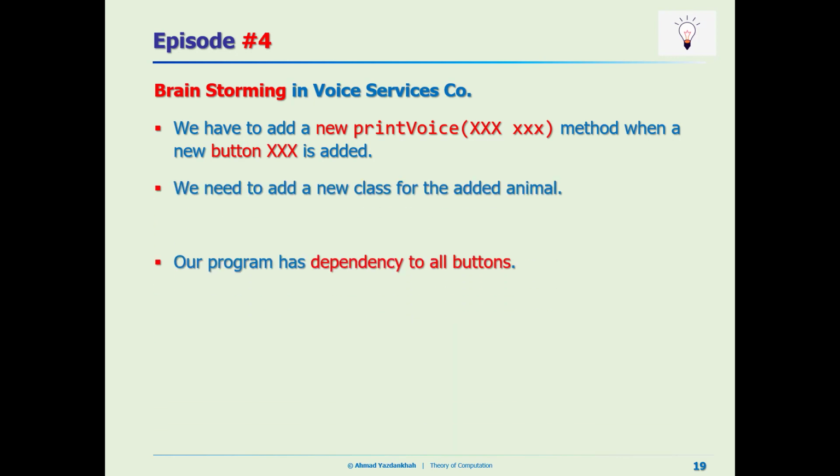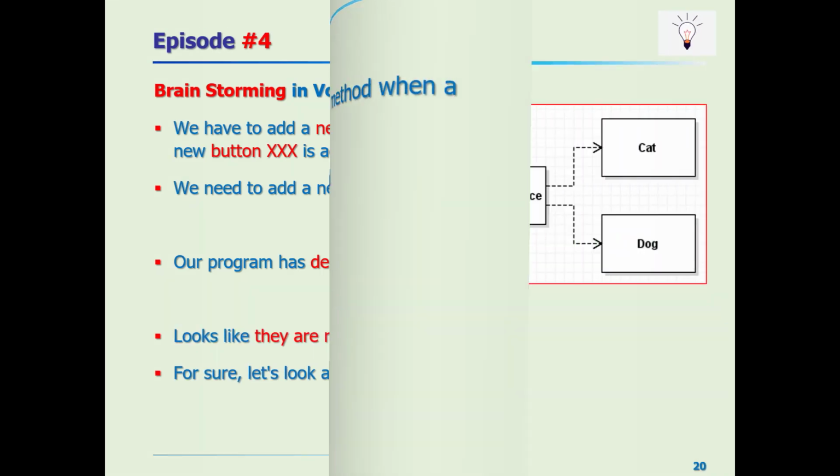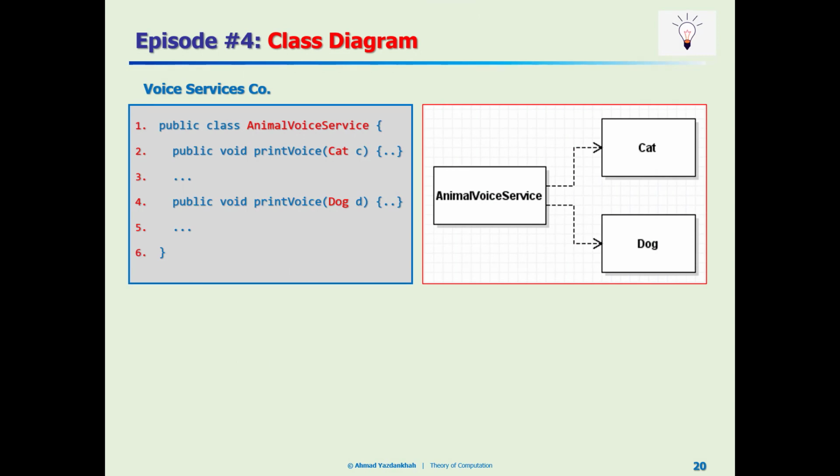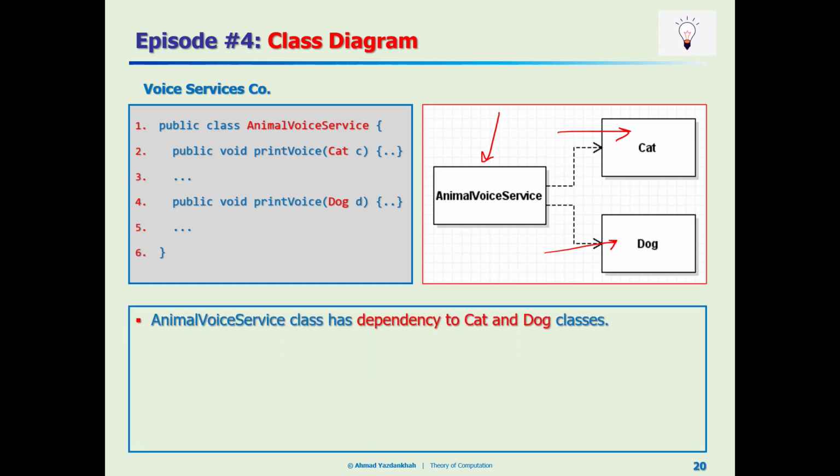For every button we are adding, their code has a dependency to that button as well. So for sure, let's see the class diagram. This animal voice service, you see, has dependency to cat, dependency to dog, and if we add other things, then this dependency will increase.